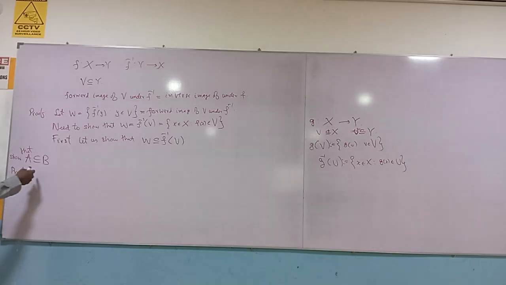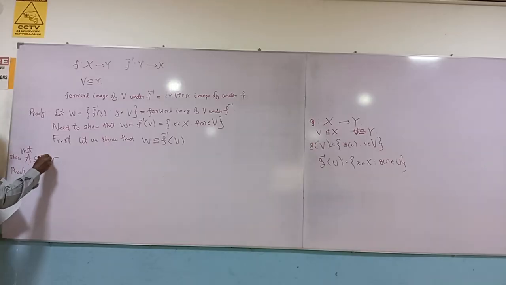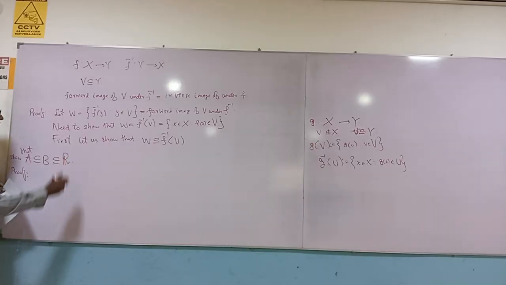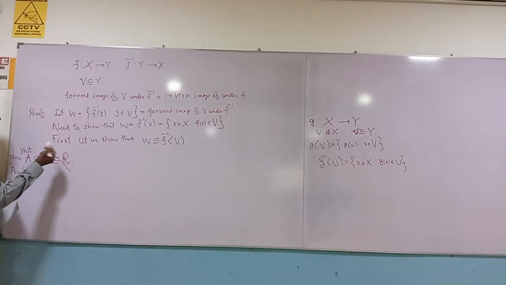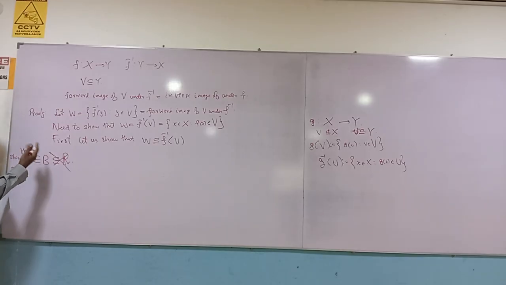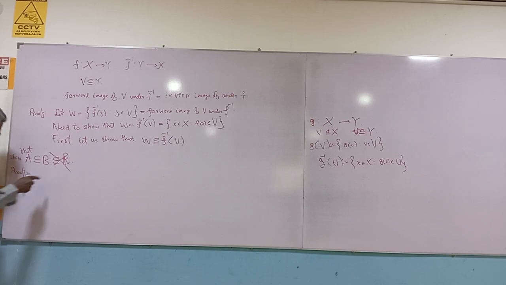When I am proving that A is a subset of B, how do I start? We need to show that all the elements in A are in B. Suppose somebody is asking you to show A is a subset of B. In the proof, what is the first line you write?